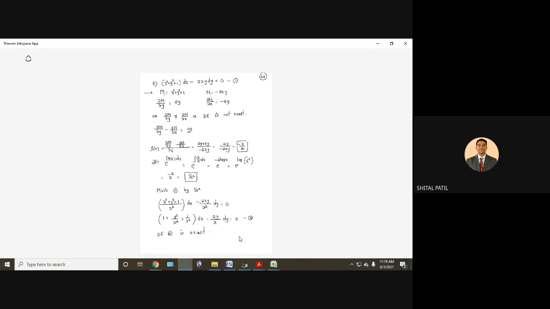Okay. Terms in n free from x. No. Sir, page change.